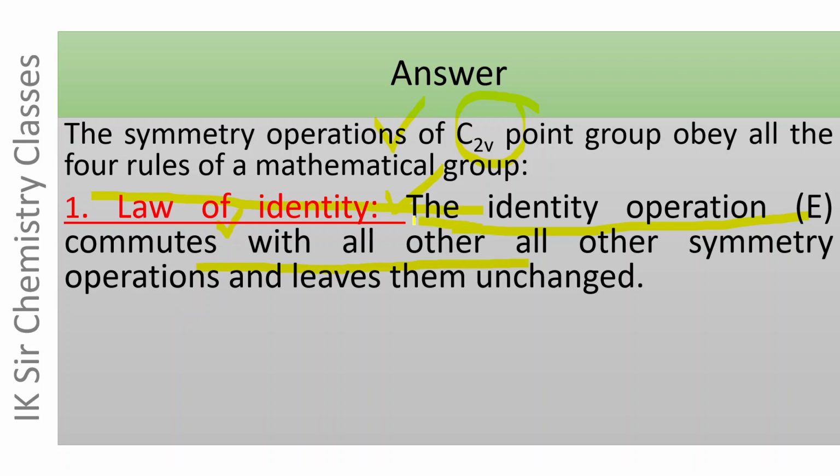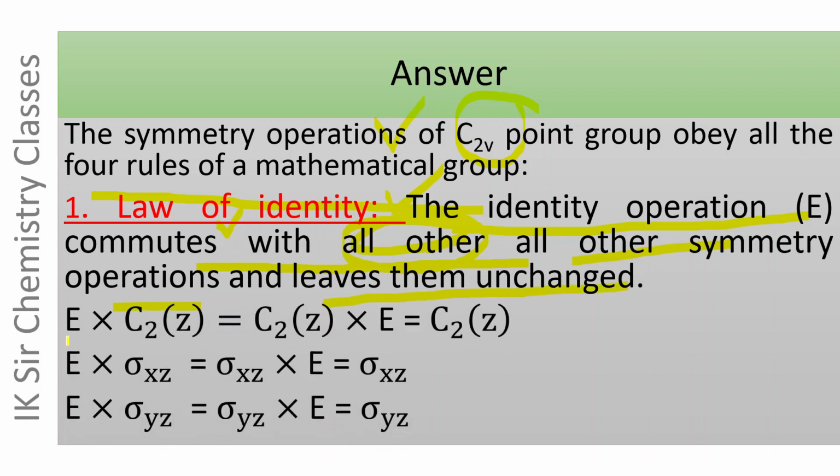The identity operation E commutes with all other symmetry operations of C2V point group and leaves them unchanged, such as E into C2Z is equal to C2Z into E and it is equal to C2Z.